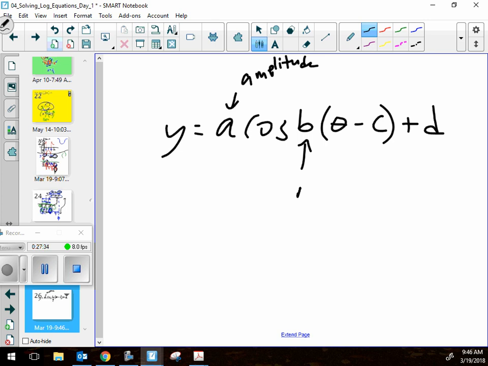The period equals what again? 2 pi over b. So what is b? Well, you could rearrange this and say b is 2 pi over the period. What if the period is 2 pi? Well, then b must be 2 pi over 2 pi, which would be 1, which makes sense, I hope. All right. See, this is the shift.